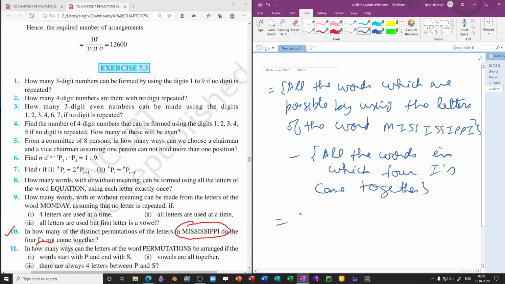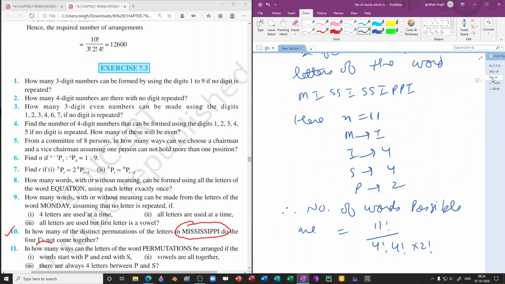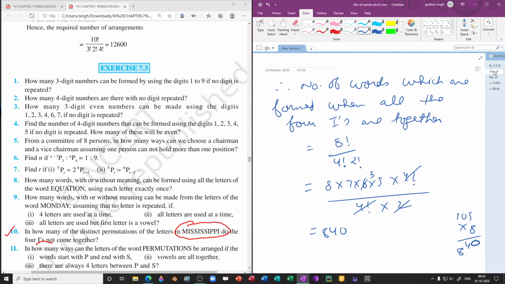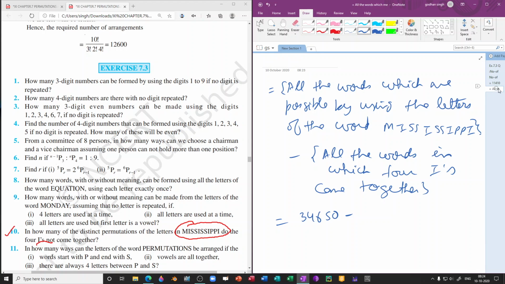So that is equal to 34650 minus, now all the words in which 4 I's come together, they are here, that is 840, the number of words which are found when all the 4 I's are together. So minus 840, and let us do the subtraction here.